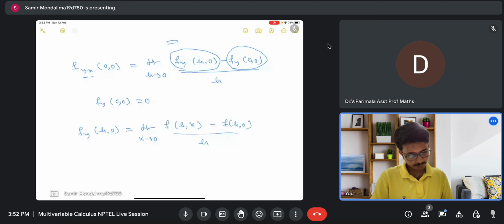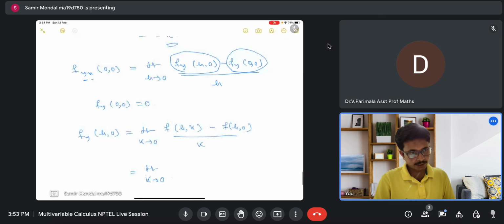Sorry, this should be k, no? Yes. So ultimately we'll get hk(h² − k²)/(h² + k²), divided by k, and the other term is 0.